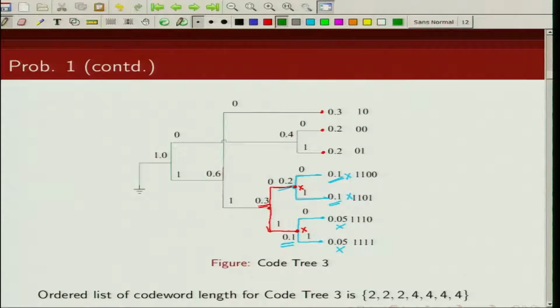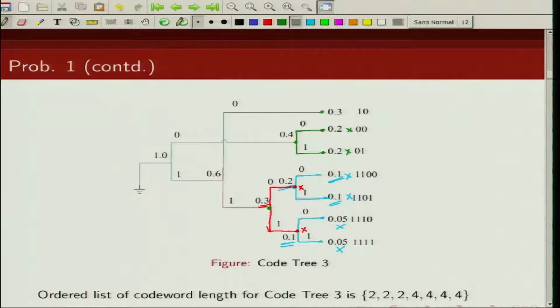Now my active nodes are one with probability 0.3, two with probability 0.2, and one with probability 0.3. I combine these two which have the least probability, 0.2 and 0.2, and get a new node which has probability 0.4. I deactivate these nodes.